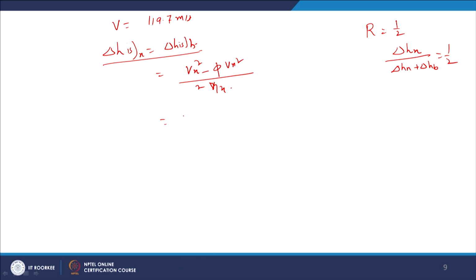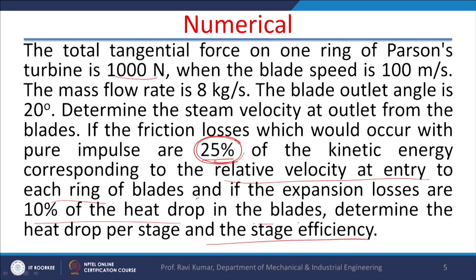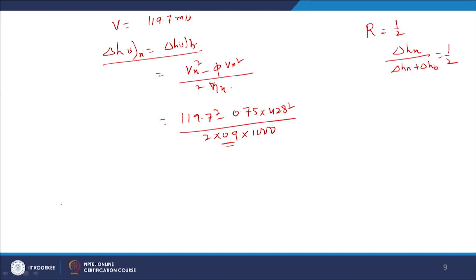So we get 119.7 square minus 0.0 carryover coefficient, times 42.8 square, divided by 2 into 0.9 into 1000. 0.9 is taken from here, the expansion losses are 10%.